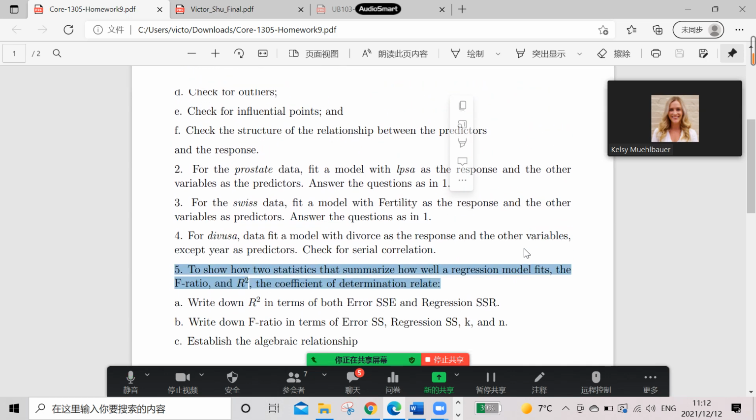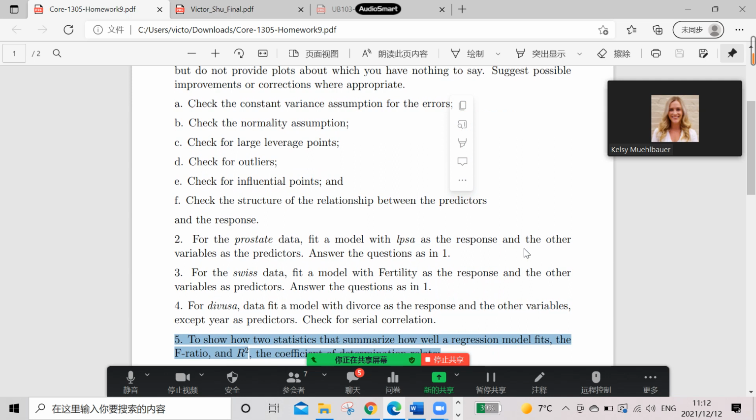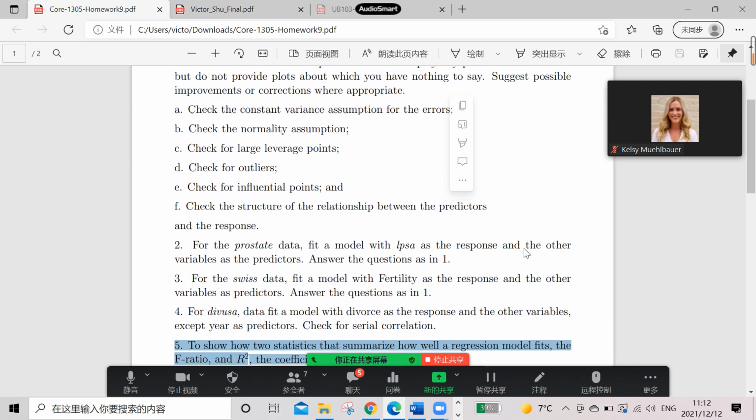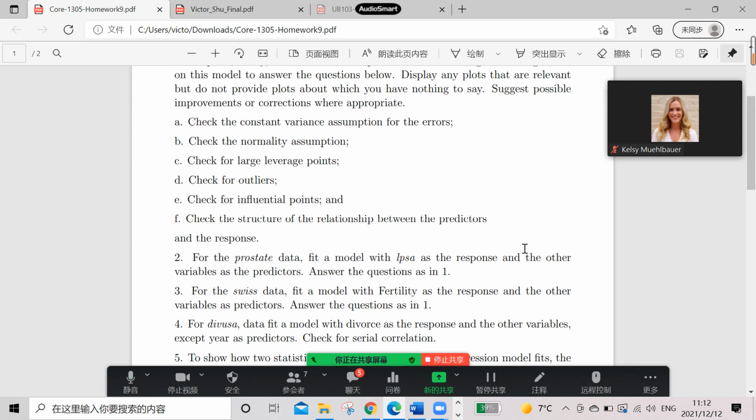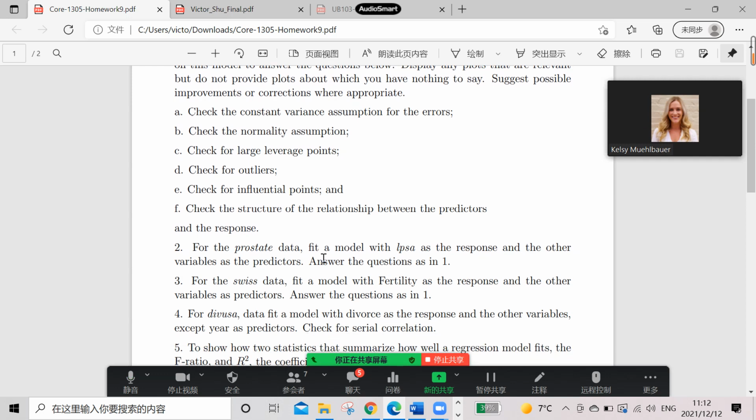Questions 2, 3, and 4 are the same as question 1, but with different data sets. I would say you have to do it, but if you don't do it, I won't deduct a lot of points. Maybe 5 to 10 points for each. Okay, perfect. Thank you. That's helpful.